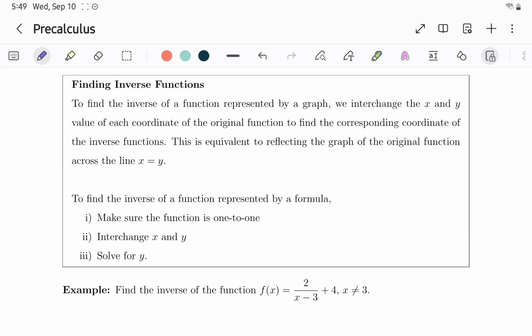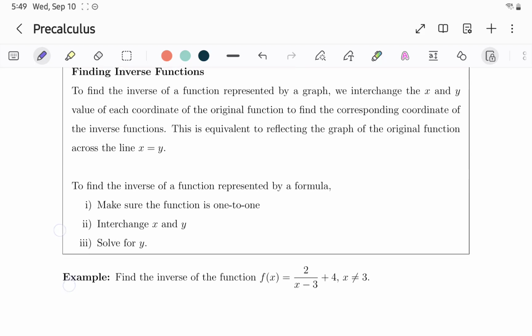And then once we do that, we will replace the function's name with y, and then we will interchange x and y. And then once we've interchanged x and y, we will have a new equation, which we will solve for y. And once we've solved for y, we will have the formula for the inverse function.